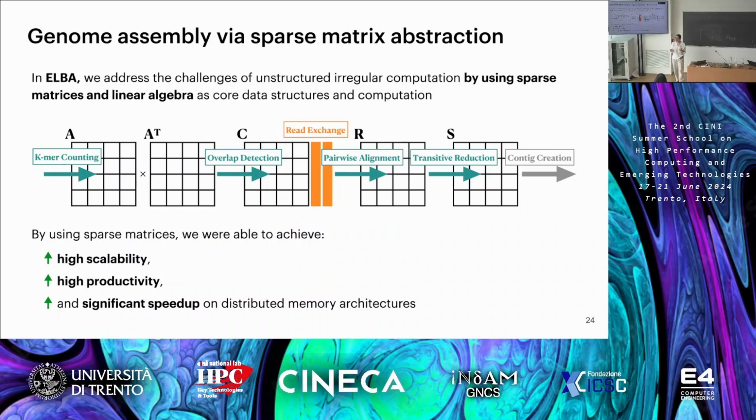Why is that the case? This is a very irregular type of computation that is really hard to parallelize in distributed memory, because it's hard to figure out the best way to do it. But once you move into the sparse linear algebra space, we have decades of research on how to make sparse matrix multiply or sparse matrix vector multiply faster and scalable.